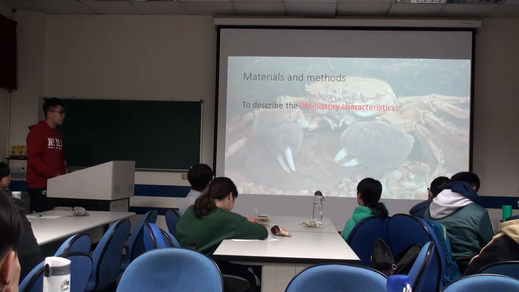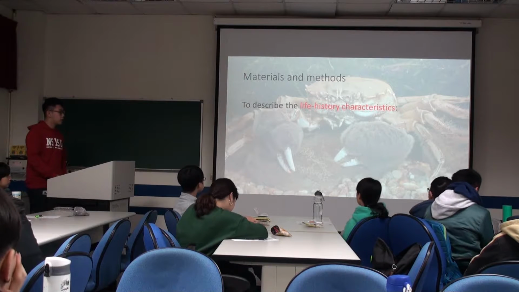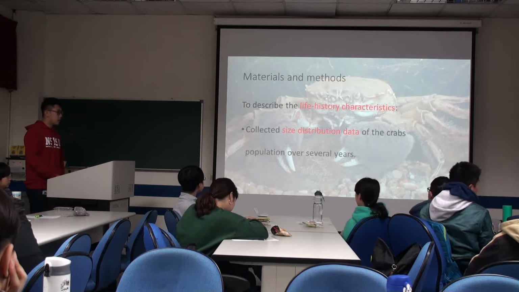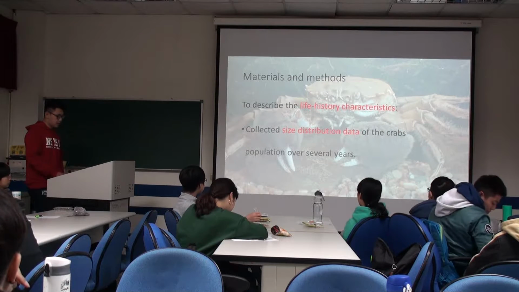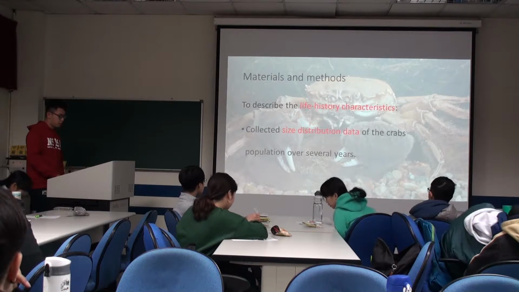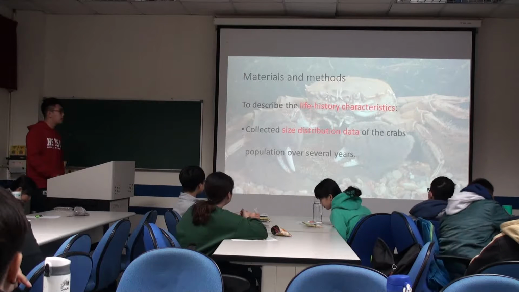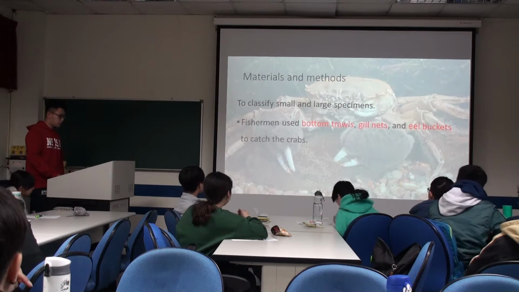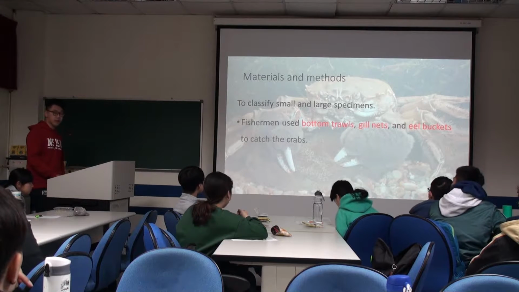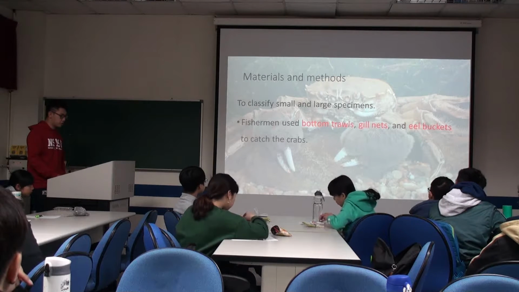To describe the life history characteristic, the scientists and the fishermen collected size distribution data of the crab population over several years. To classify small and large specimens, fishermen use bottom trawlers, gill nets, and gill buckets to catch the crabs.